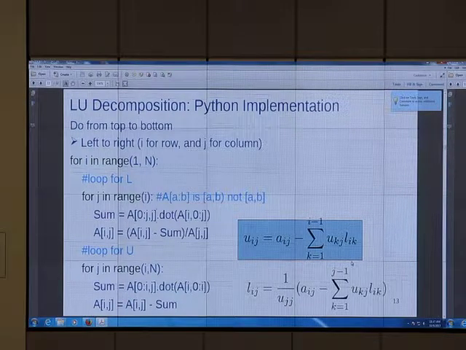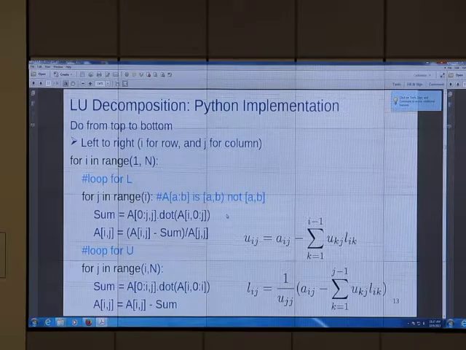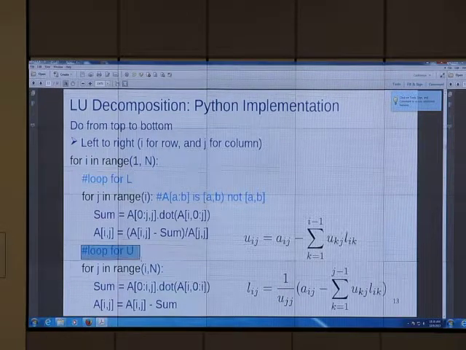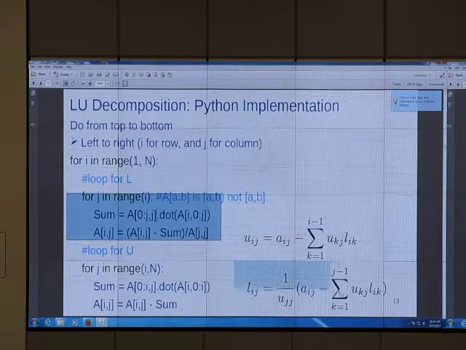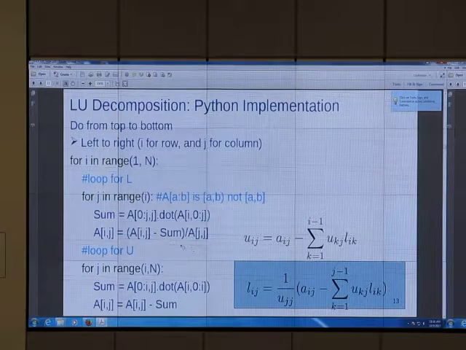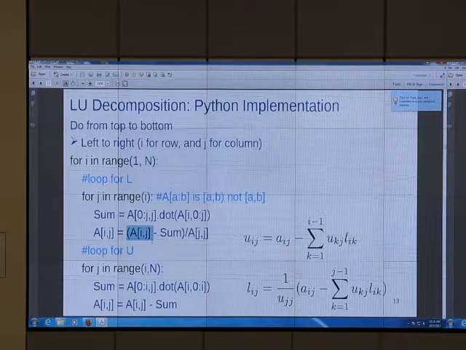Good. So this code, we will play with it. Okay, so we will see what that is about. But basically we have a loop for L and a loop for U. So this thing is the loop for that. Why do I know that? Because I have this term, minus the summation, divided by U_jj, which is that.